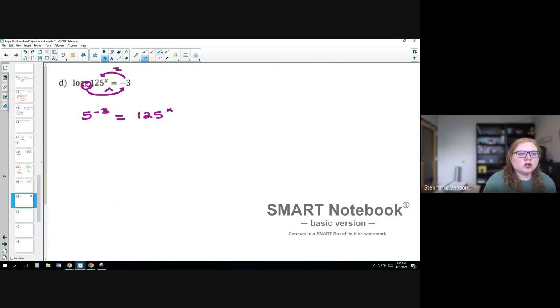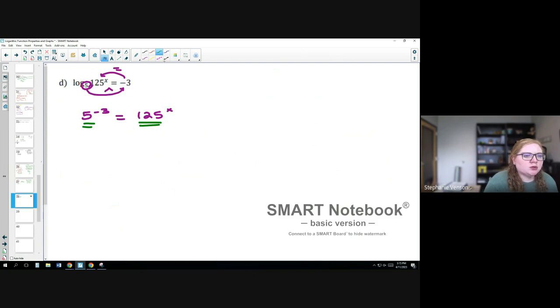Okay, so we're going back to how do we solve exponentials? Well, we get the bases the same. So I have a base of 5 here, and I have a base of 125 here. But I can rewrite 125 as a base of 5. So 5 raised to the third power, I believe, is 125.